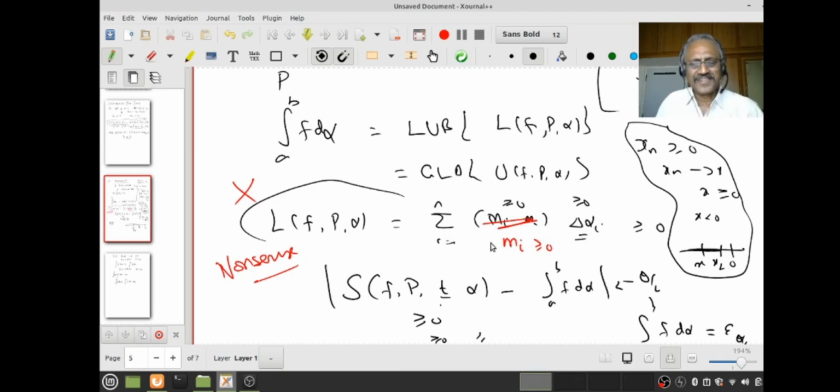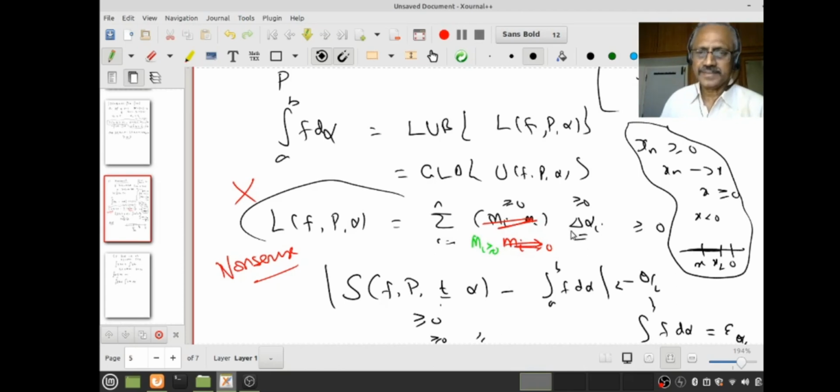That's why I came back to you. Are you following what I'm saying? The lower sum is just the little m_i, but f is always non-negative, therefore the infimum will also be non-negative. Now the rest of the proof is okay. What I wrote here was wrong, but this is correct: m_i greater than or equal to 0 times delta alpha.